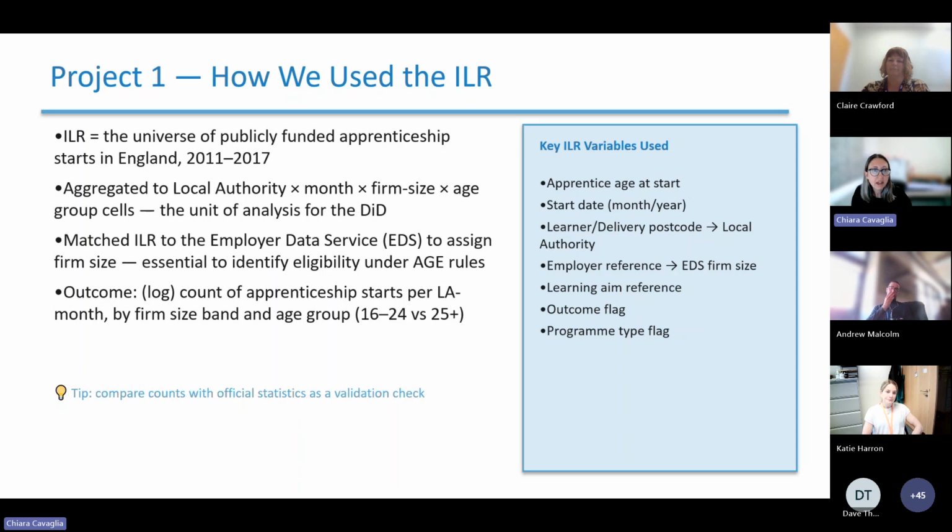In this case, I had to reiterate and refine the deduplication process a couple of times until my number of apprenticeship starts in England, nationally by year, was as similar as possible to the counts that the DFE provided by year.